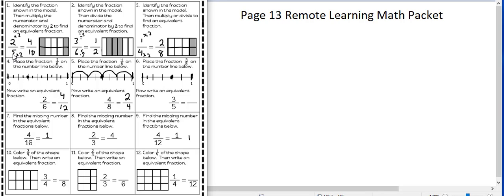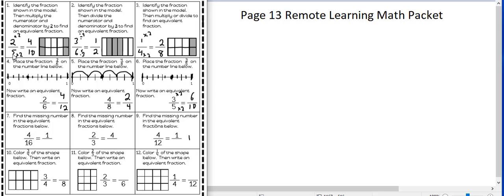Again, I'm going to split it. Now there's 1, 2, 3, 4, 5, 6, 7, 8, 9, 10. And we go over 1, 2, 3, 4, 5, 6 to get there. So that would be like multiplying them both by 2.